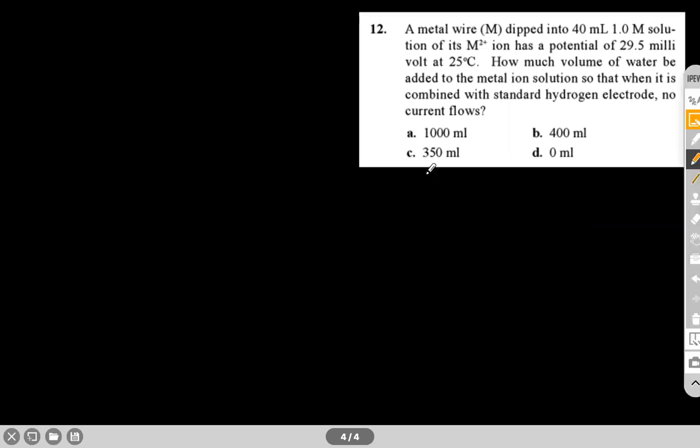A metal wire M dipped into the solution of 40 ml of 1 molar solution.